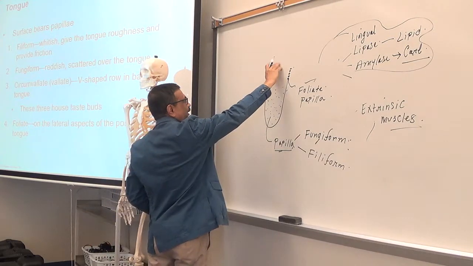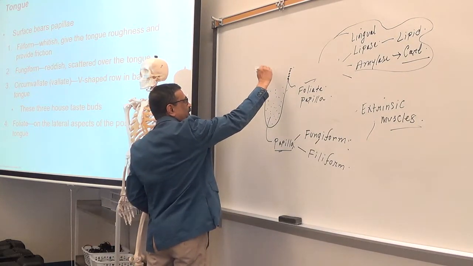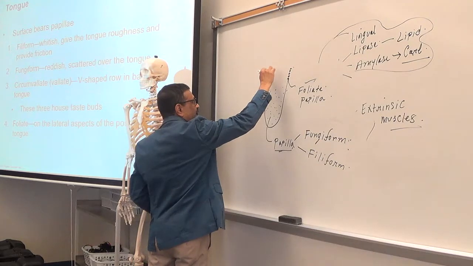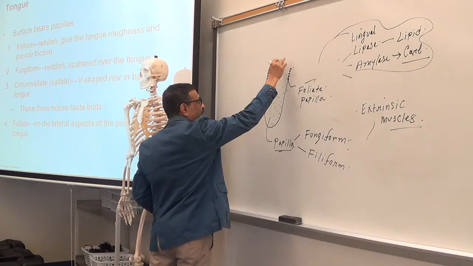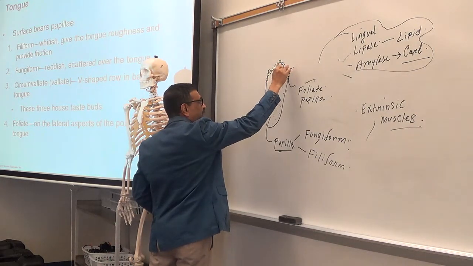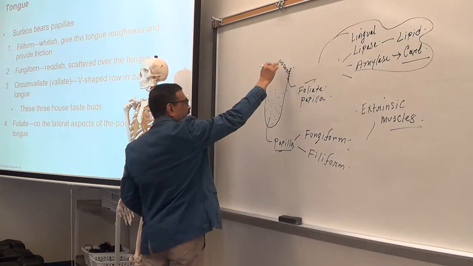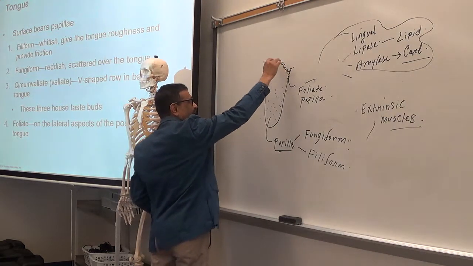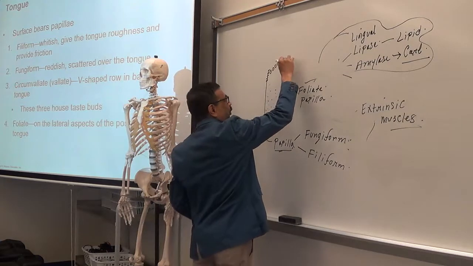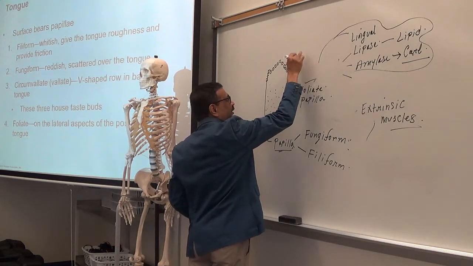And in the superior surface of the tongue, in the back part all the way, you have another type of papilla. These are larger and only few in number, and they form an inverted V, and these are called circumvallate.